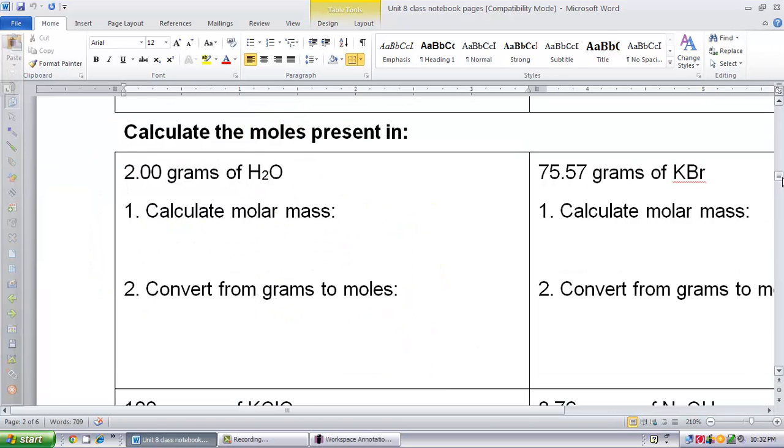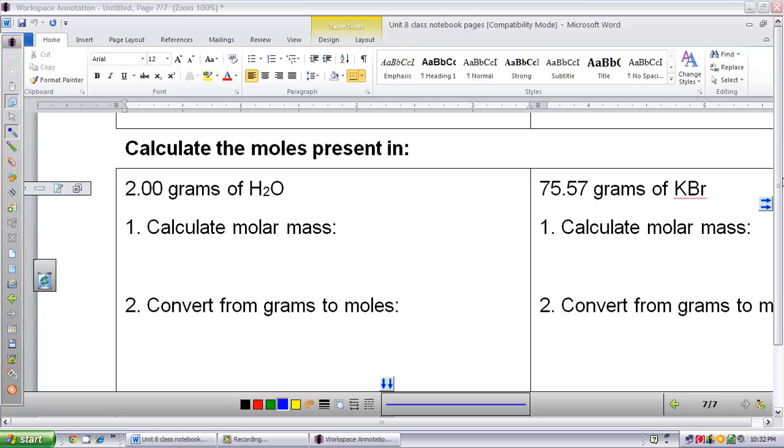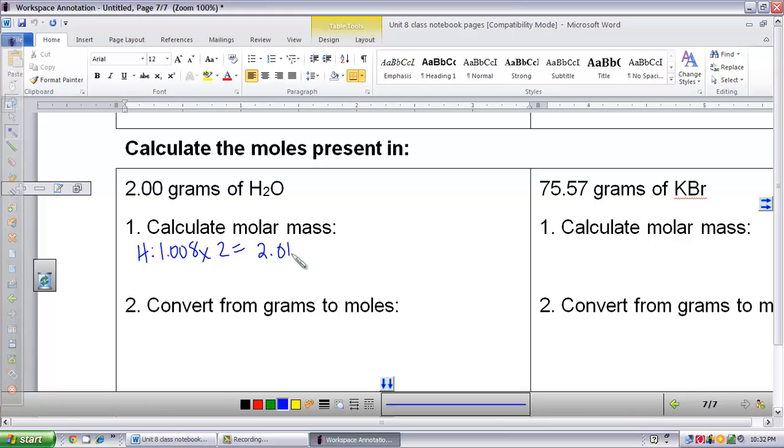So in this case, we have grams and we want to find moles. So we can go back and find our conversion factor again. Again, this case is water. So hydrogen has a molar mass of 1.008. There's 2 of them. Oxygen, 15.999.